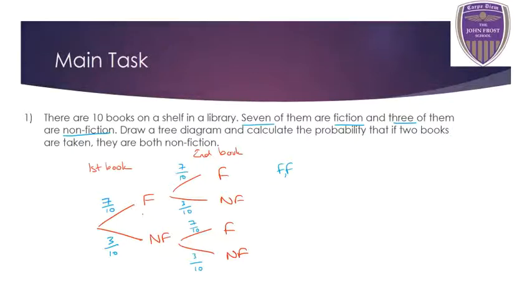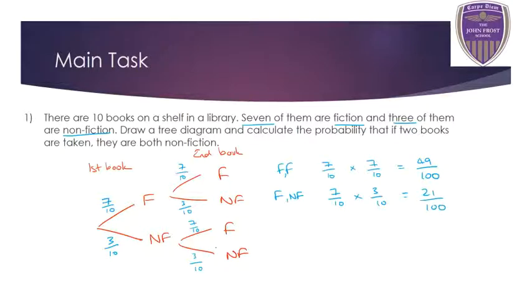So the probability of fiction is 7 out of 10, the probability of fiction is 7 out of 10. Multiply them together, that would give you 49 out of 100. The next possibility is fiction first and non-fiction afterwards. So fiction, non-fiction, that's 7 tenths multiplied by 3 tenths, which is 21 over 100.